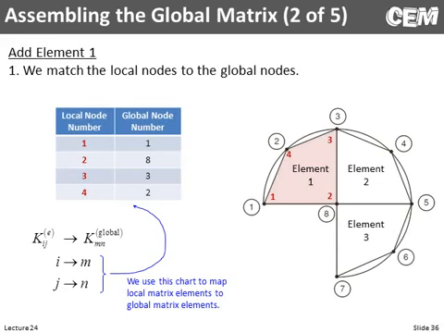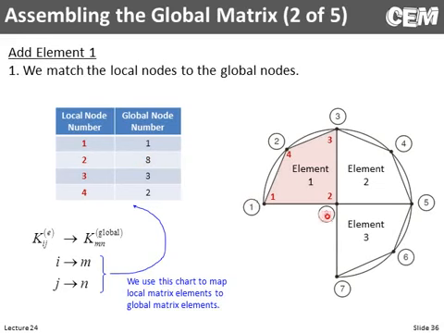Now we look at element 1, and we assign local node numbers. So again, we'll do it counterclockwise. We'll call this one 1, 2, 3, and 4. So in this case, we can make a little map. Local node number 1 corresponds to global node number 1 also. So coincidence that they're the same. Local node number 2 corresponds to global node number 8.